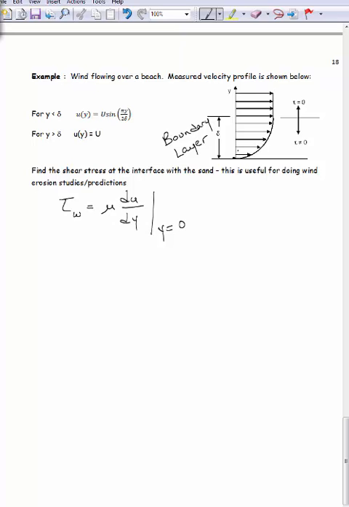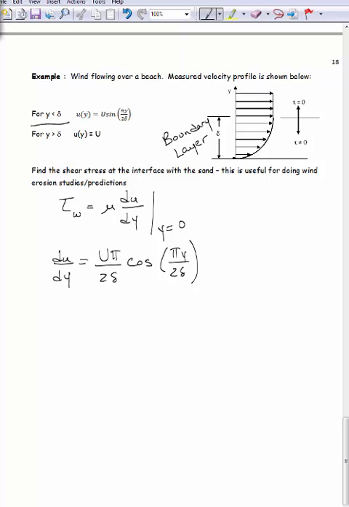At y equals 0 we're not outside the boundary layer, we are in the boundary layer, so we need to use this equation. So our du dy, just take the derivative, and don't get derivatives and integrals mixed up. It's a common mistake to try to integrate instead of take the derivative. We're going to use the chain rule, and it's going to come out to big U, which was just a constant, times pi over 2 delta times cosine of pi y over 2 delta.